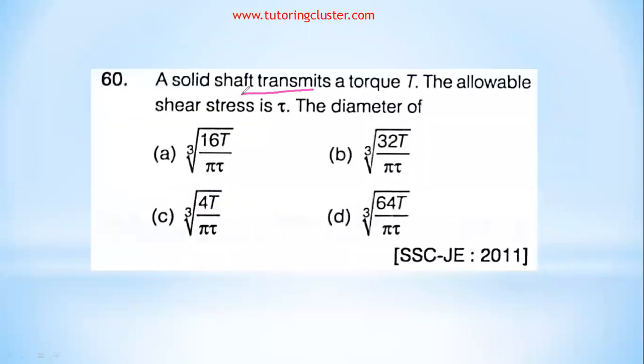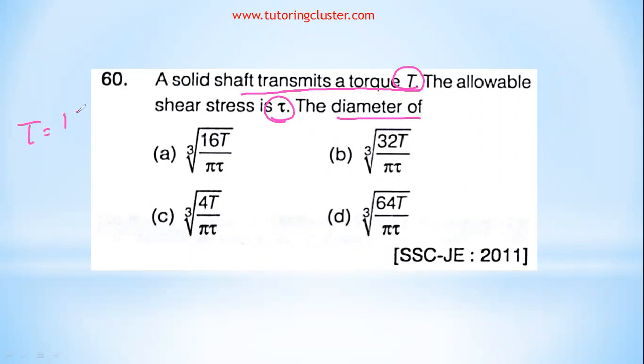A solid shaft transmits a torque T, the allowable shear stress tau. Okay, the diameter of the solid shaft transmits the torque T, allowable shear stress is tau. So just now we have seen this. See here, what is the formula?